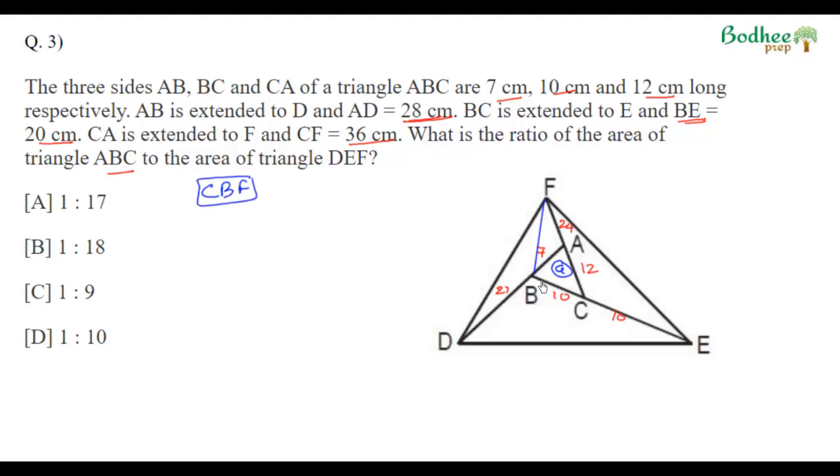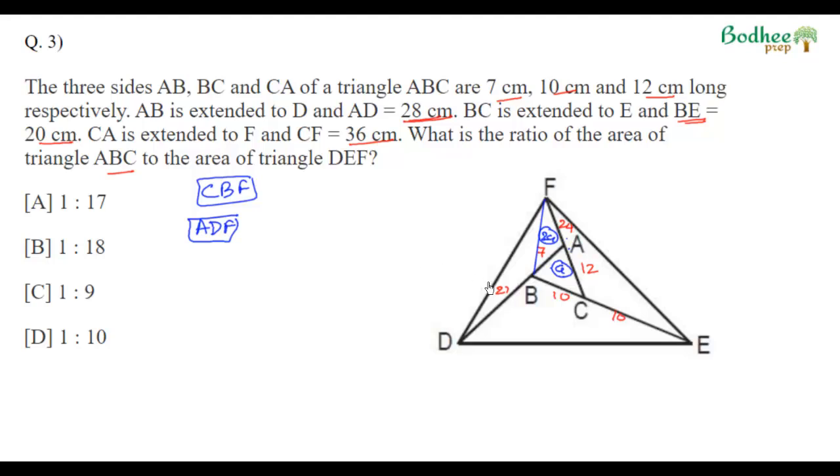Then we can say that the vertex is the same and the base is in a straight line. So these two areas will be in the ratio of their base, and the base is FA and AC. So FA and AC are 24 and 12 respectively. So the ratio is 2:1. So if the area of this portion is A, then this area would be 2 times of A. Correct?